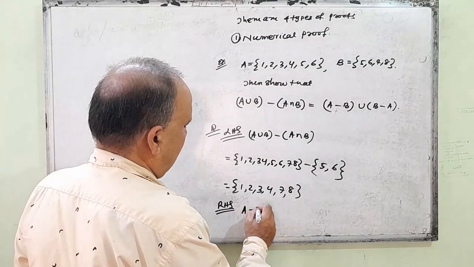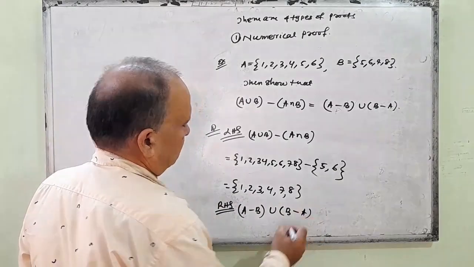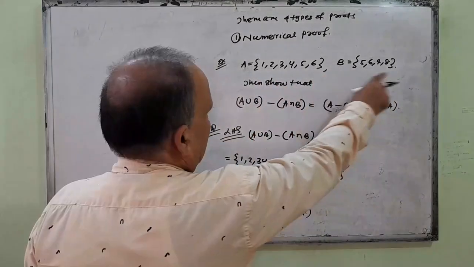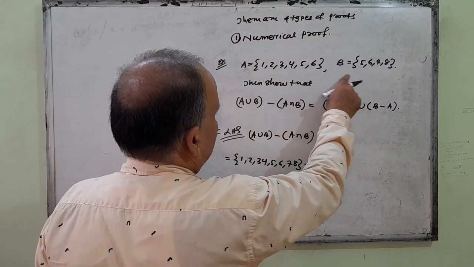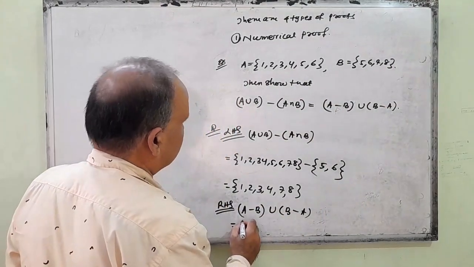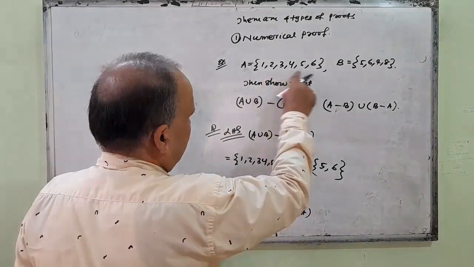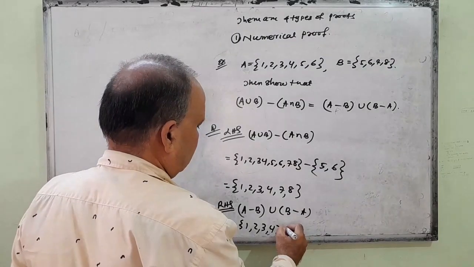That is A minus B union B minus A. A minus B is {1, 2, 3, 4, 5, 6} minus {5, 6, 7, 8}. That is 1, 2, 3, 4, because from the set only 5, 6 are out.